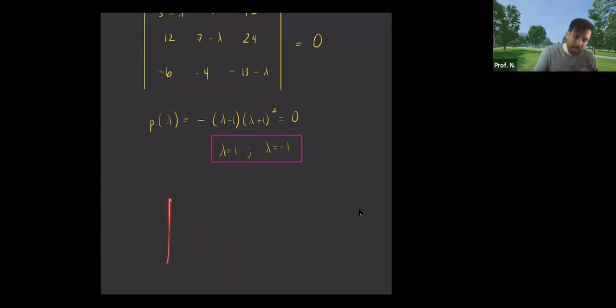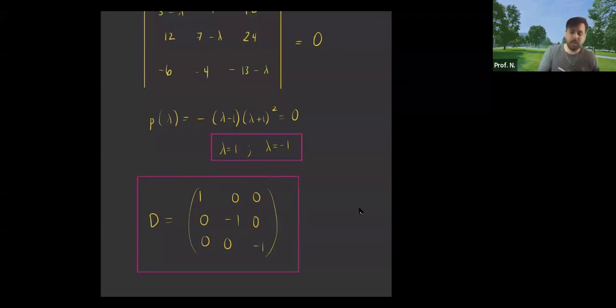And that matrix with columns that are the eigenvectors of the matrix A, that's P. And D, the diagonal matrix, would be 1, -1, -1. The diagonal matrix is a matrix where the diagonal entries are the eigenvalues. And -1 repeats twice because it has an algebraic multiplicity of 2. Okay, so I'll continue with this.